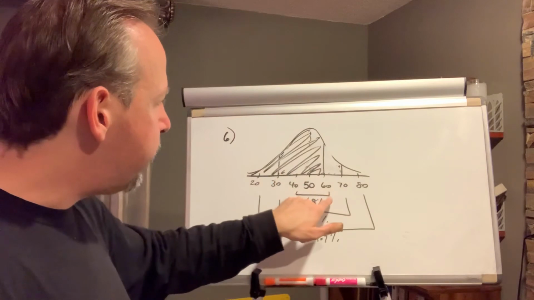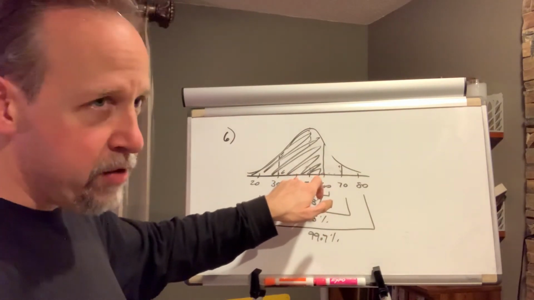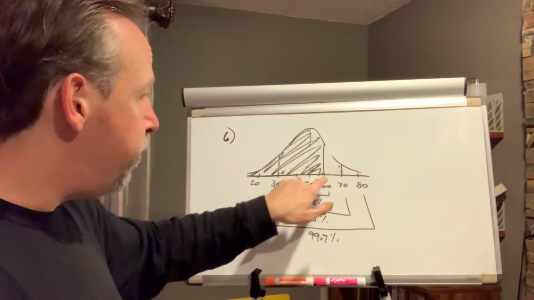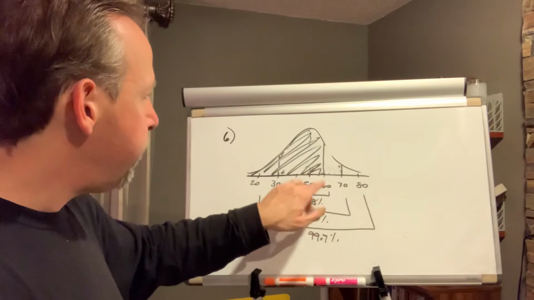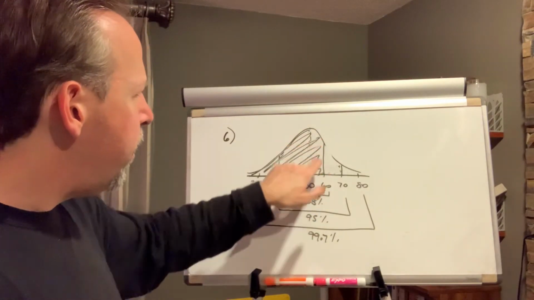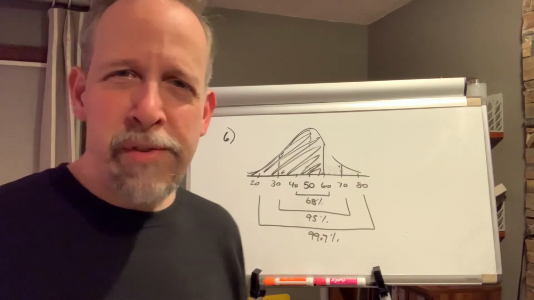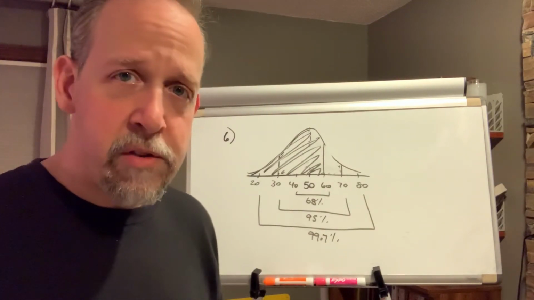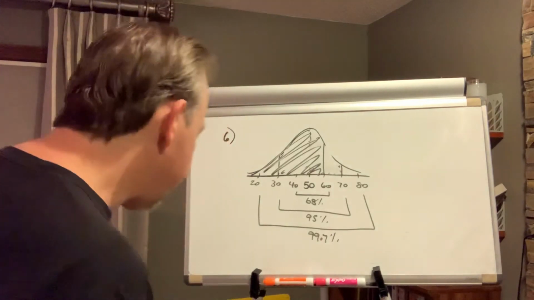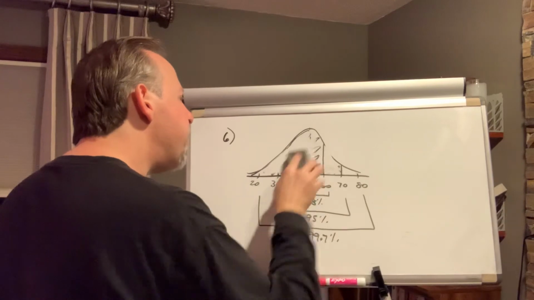Well, if there's 68% between one standard deviation below to one standard deviation above, then 34%, which is half of 68, is right there. So that's 50 and 34. That's 84%. That's a lot more than 2/3. 2/3 is 67%. So no, it's not 2/3. That's wrong also.